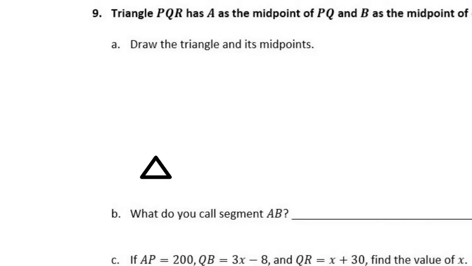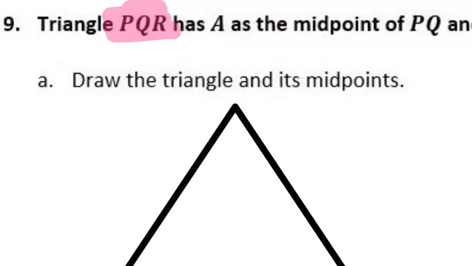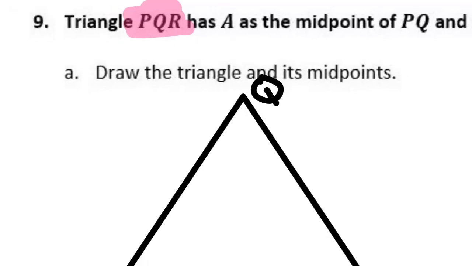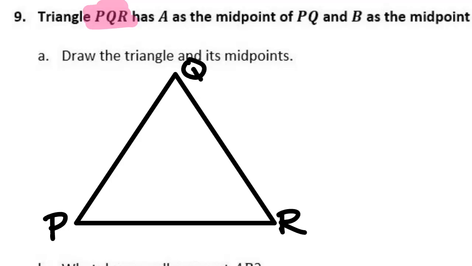So the first thing we're going to do is draw a triangle. We have to label the vertices. This is called triangle PQR. So one of these is P, one of these is Q, one of these is R. It does not matter where you put P, Q, and R as long as they go on the corners of the triangle. Then it says A is the midpoint of PQ.